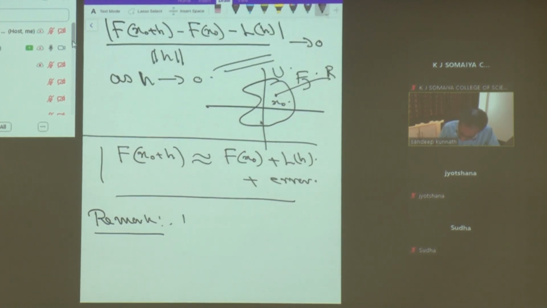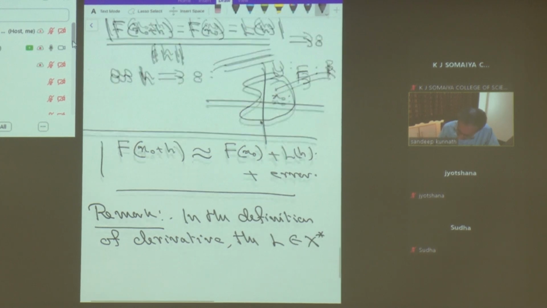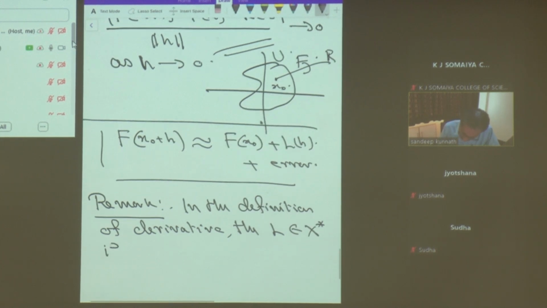So in the definition of derivative, the L, element of X star, if it exists, is unique.